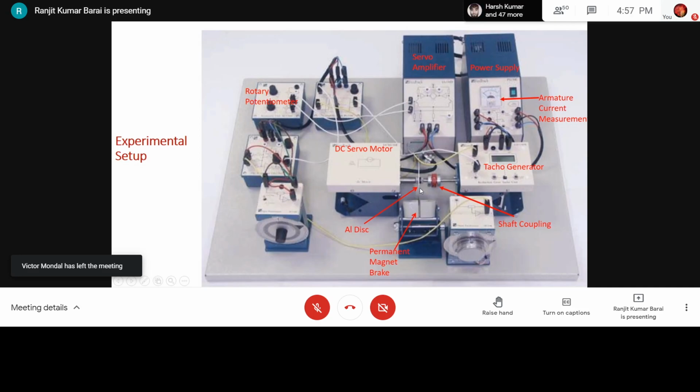The aluminum disc is allowed to rotate freely within this powerful permanent magnet. Within this limited air gap, the magnetic field is very strong. If the aluminum disc cuts the flux, then EMF and eddy current will be induced in the disc, and that will oppose the cause. That will generate a torque that opposes the rotation.